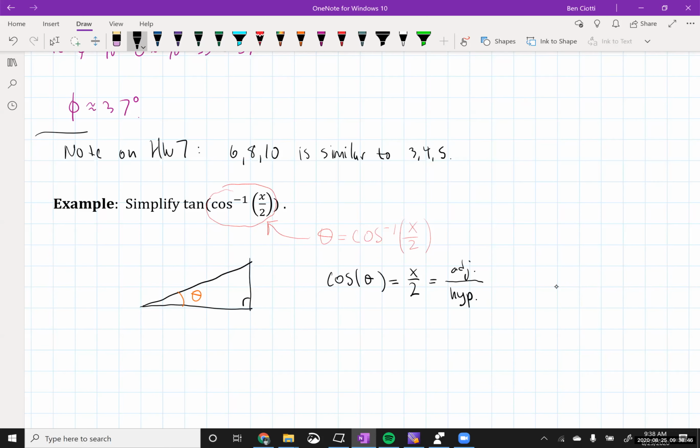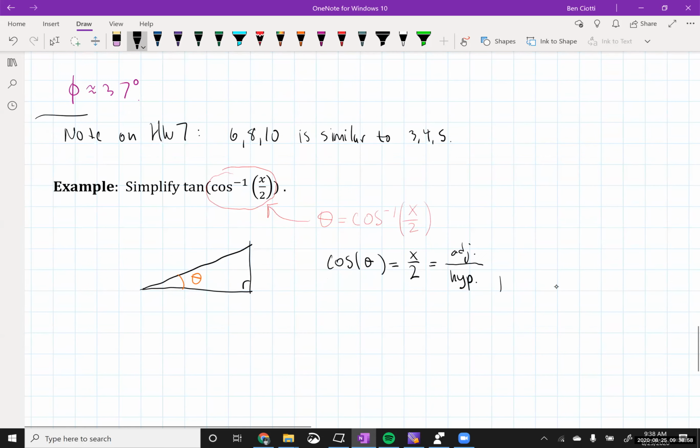Let's just choose the lengths of our triangle such that the adjacent over the hypotenuse is x over 2. So let x be the adjacent and 2 be the hypotenuse.